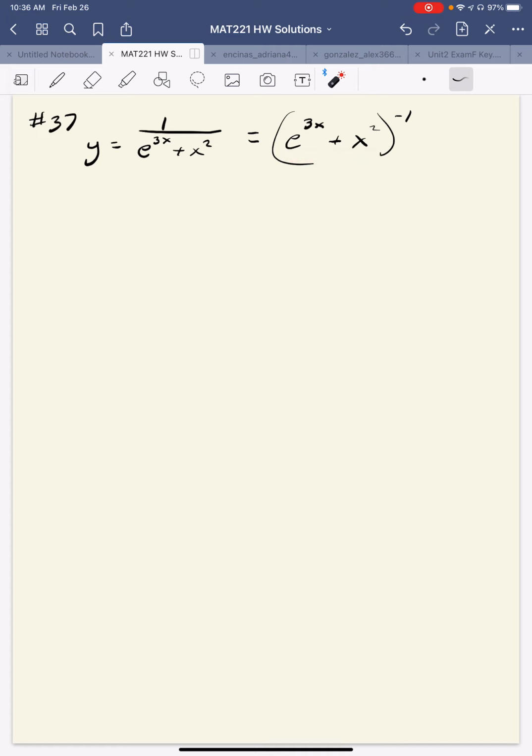So I'm going to start by taking y prime, bring the -1 to the front of e to the 3x plus x squared, all that to the -2, so that's the power rule. And then I have to multiply that by the derivative of that inside portion. Okay.